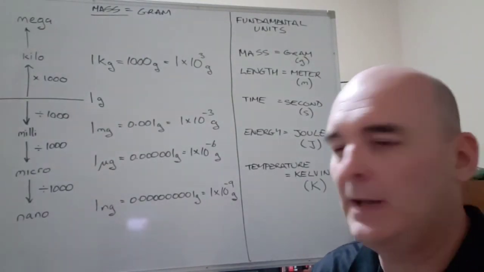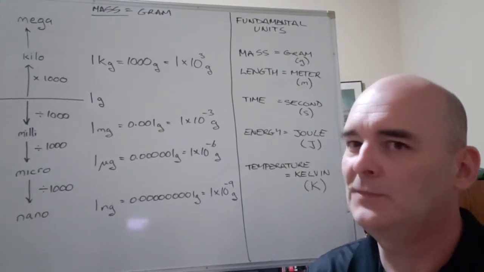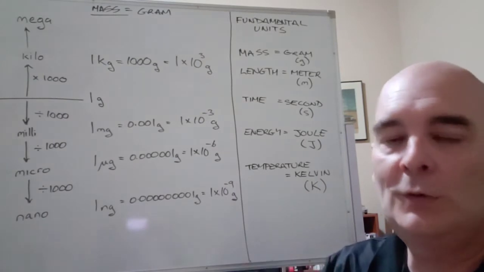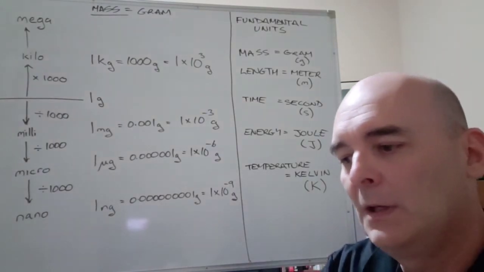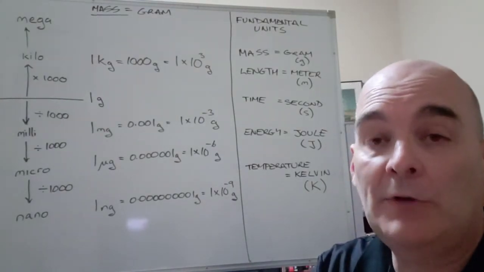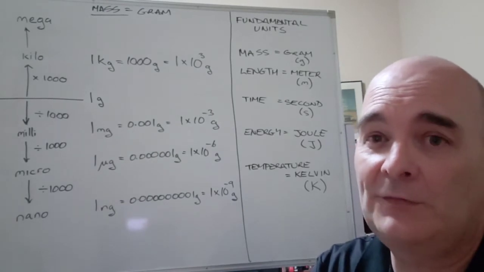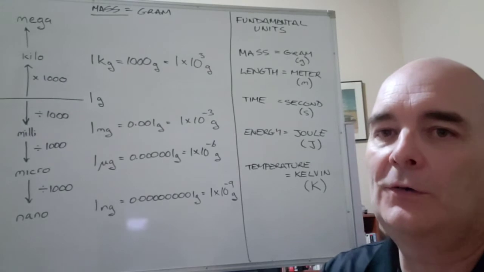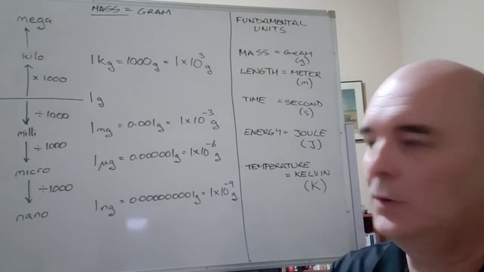And non-decimal numbers are just a non-starter in science. Energy is measured in joules. There is a beautiful little measurement of energy called the calorie that we might come back and visit at the very, very end. But our official unit of energy is the joule.